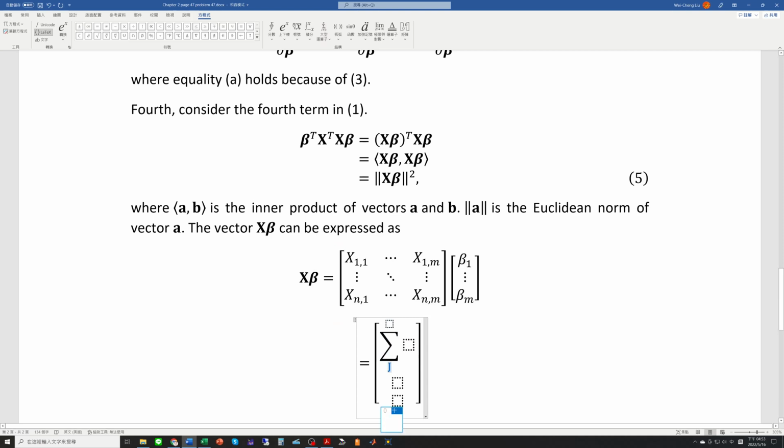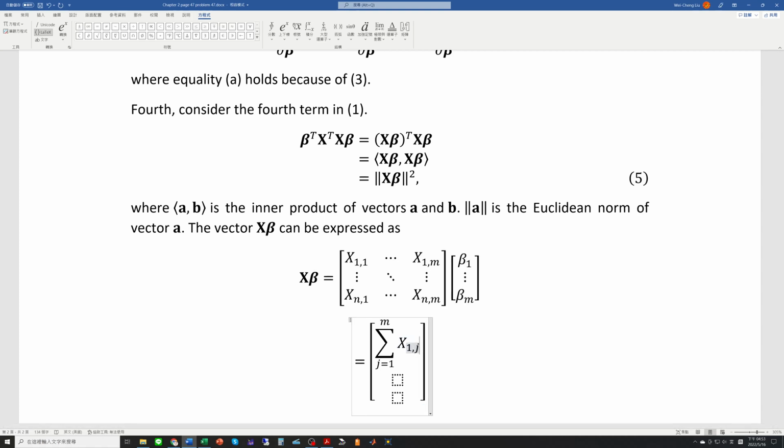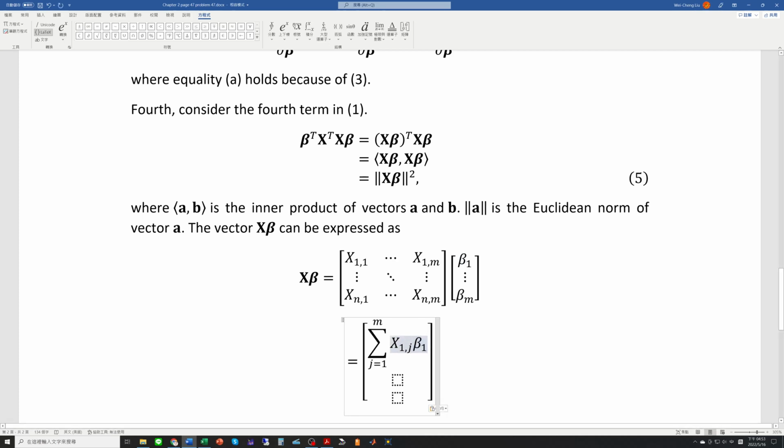j is equal to 1 to m, x11, and this should be changed to j, and times beta 1, and this one should also be changed to j.